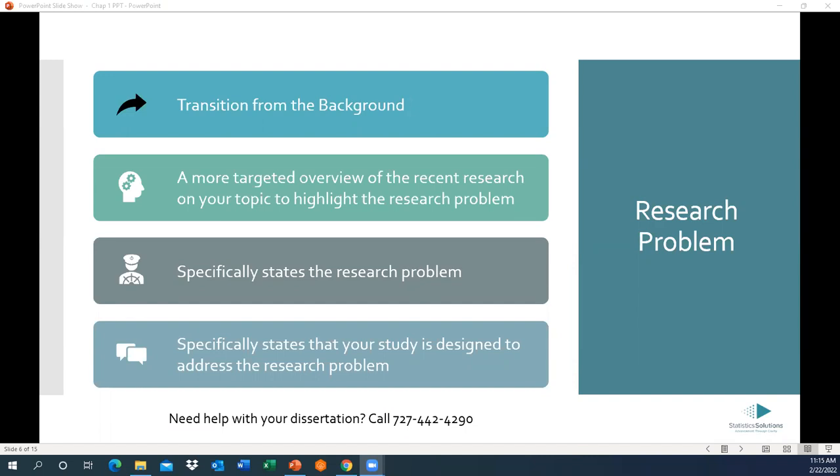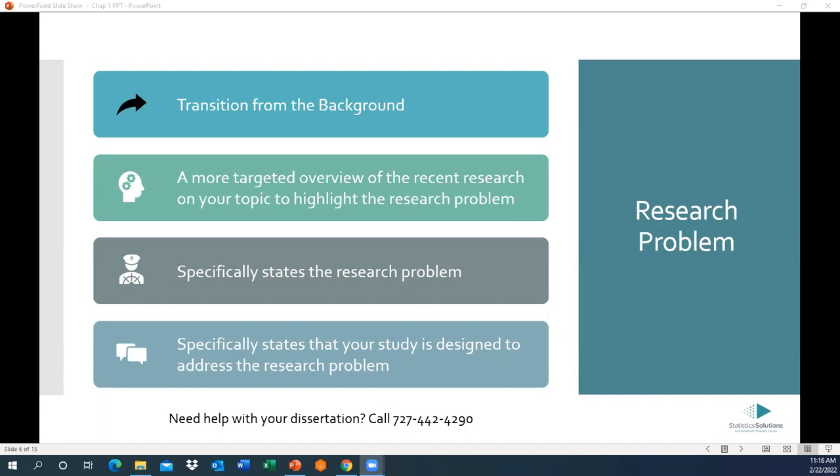There are also other kinds of research problems. One problem or issue could be that we have a lot of research in this area that is quantitative, and very little qualitative research. That can be a kind of research problem, or vice versa. We have a lot of qualitative research and we need quantitative, or a different type of approach, like a case study approach, which will give us a more comprehensive view of the topic.